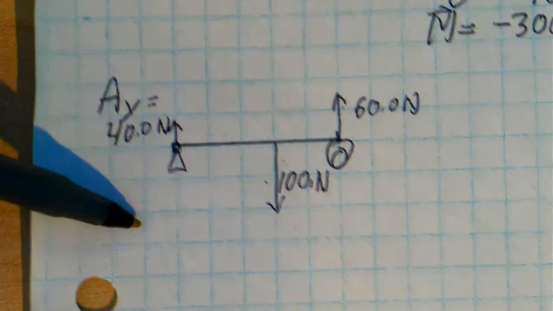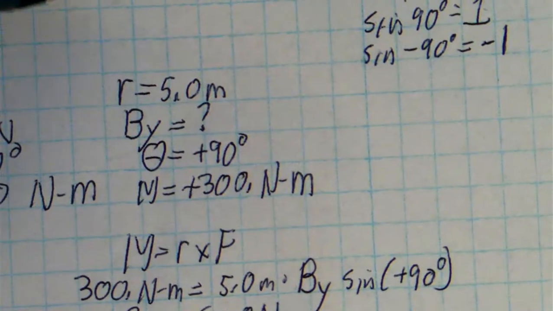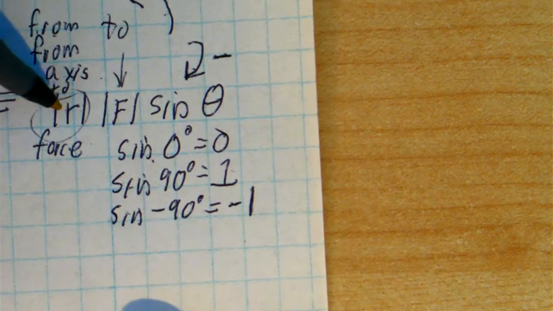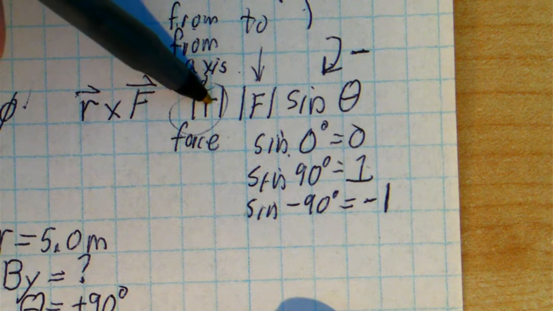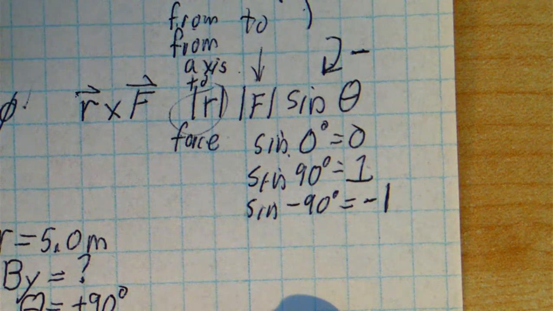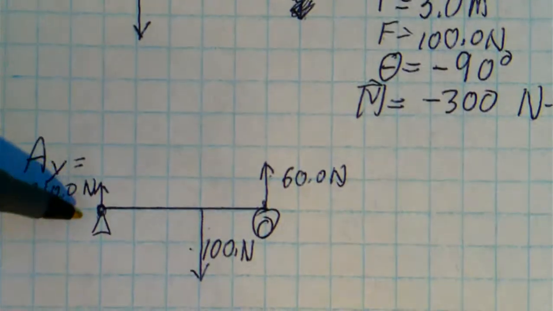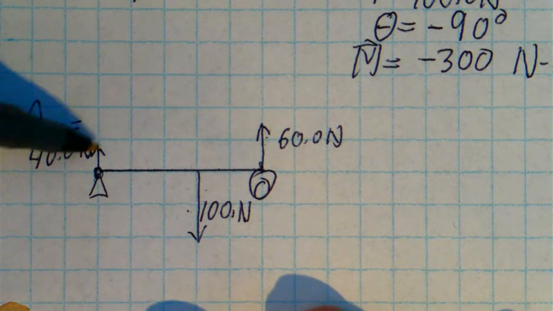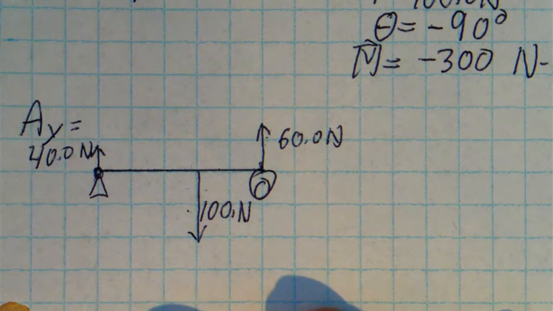And what does that do? Well, in the formula, if the distance is 0, then the moment is 0. And this makes no contribution to the twisting force of this beam.